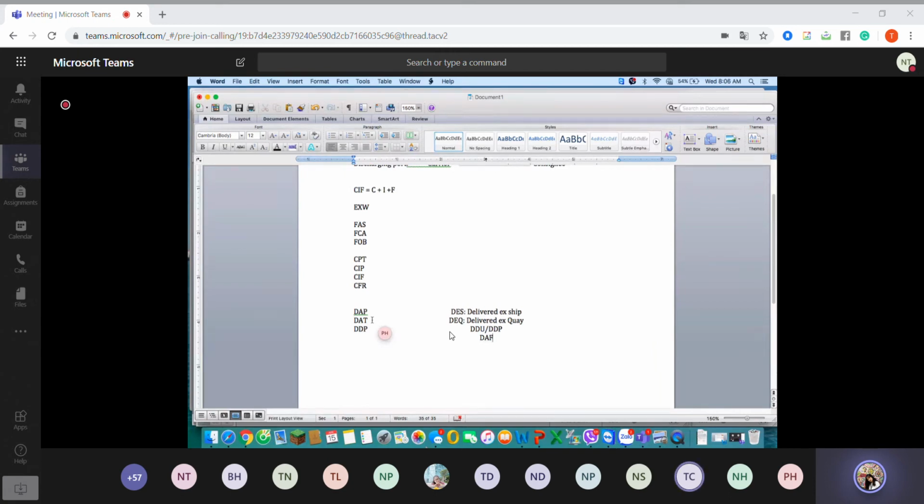Okay. So, what is the main difference between DAP and DAT? I think the main difference between DAP and DAT is the place where the parties transfer the risks and the goods.